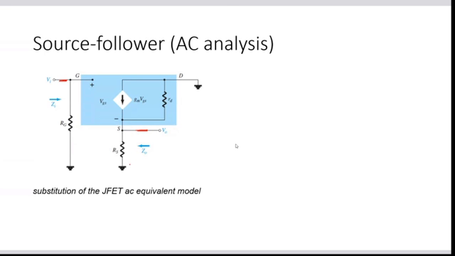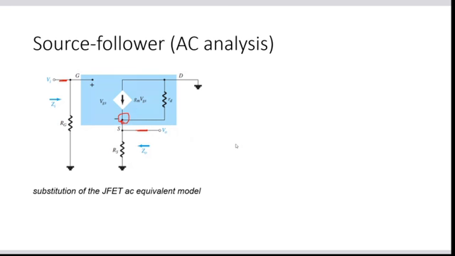Now we want to redraw the circuit, because this circuit looks a bit awkward. This point here is the source.